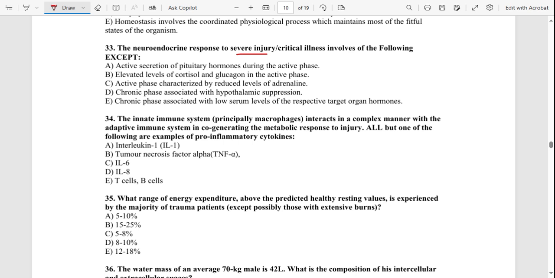So what happens here, you are going to have active secretion of pituitary hormones. For example, the hypothalamic pituitary axis is going to be activated. So what are the hormones that come from the pituitary gland? For example, thyroid stimulating hormone, adrenocorticotropic hormone, the luteinizing hormone, follicle stimulating hormone, all those.